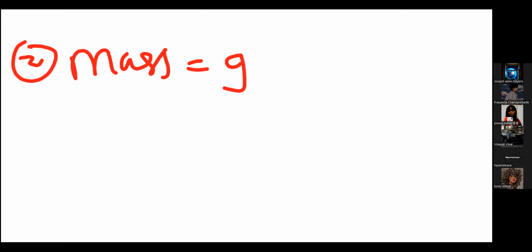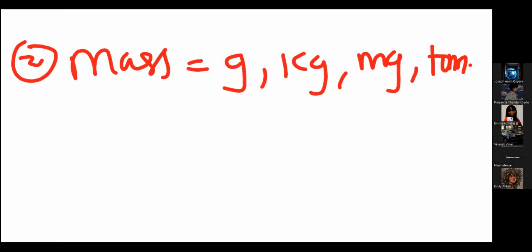But mass can be measured in grams, kilograms, milligrams, tons or metric tons, etc. Now when you calculate your molar mass, because we do mass over molar mass and all those things, molar mass is gram per mole, not kilogram per mole, not milligram per mole, not microgram per mole. So that is why we have to change everything so that the units work.